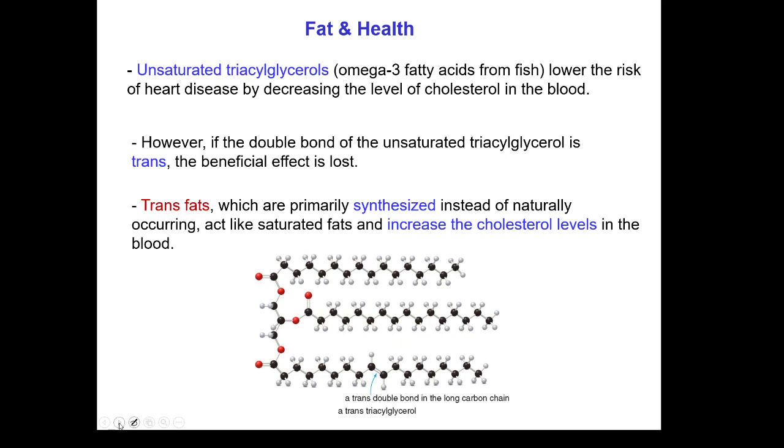The reason is that when trans fatty acids enter the body, they do the same thing as saturated fatty acids. They stimulate production of cholesterol in the liver. So when it comes to fats, if you really want to stay healthy, you want unsaturated cis fatty acids. You do not want saturated, you don't want trans.